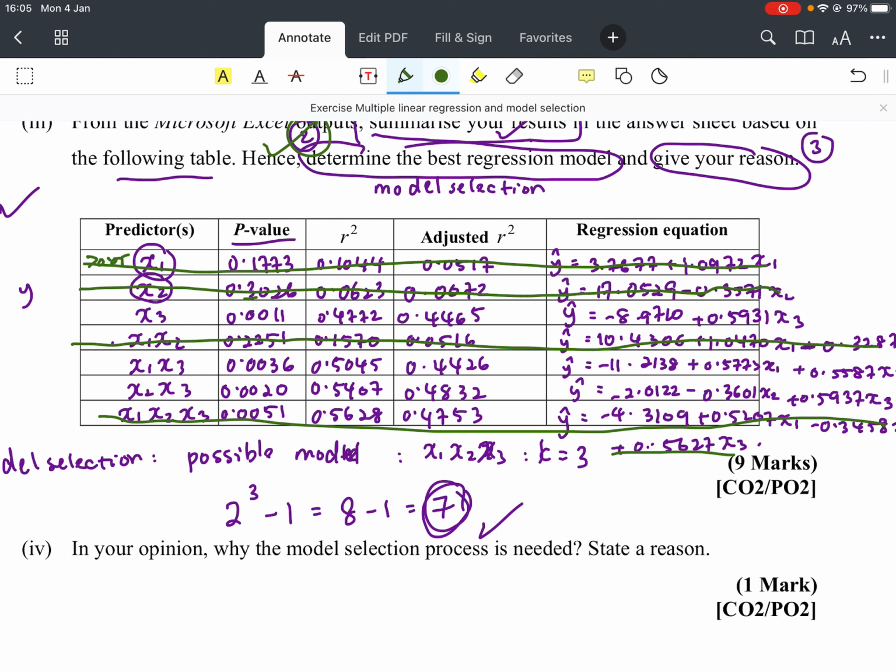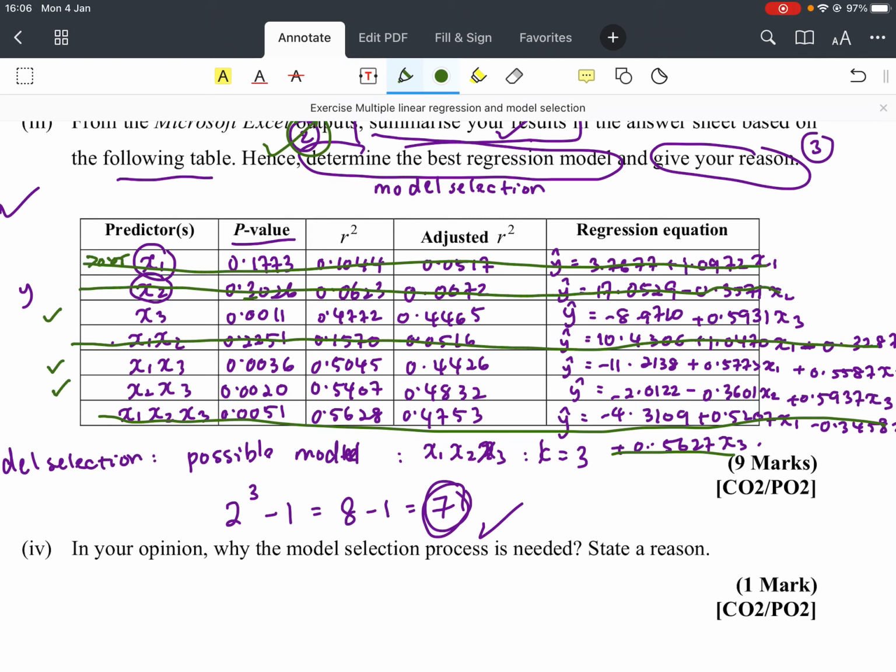Alright, and then we can see here the p-value is 0.0011 for x3, 0.0036 for x1, x3, 0.0020 for x2, x3. Okay, we have 3 choices now. Now, all the p-value is less than alpha 0.05.